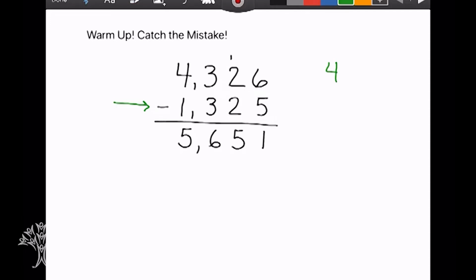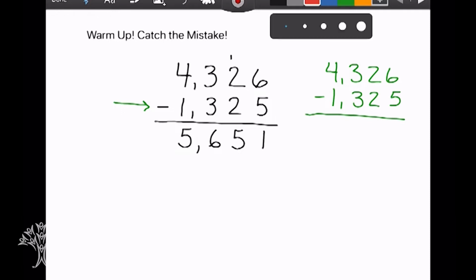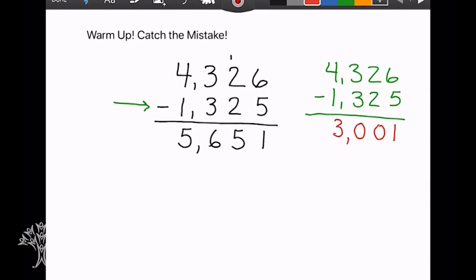So let's go ahead and fix it. So I'm going to rewrite the problem so we can solve this correctly. So we need to subtract. So the correct answer should be 3001 because we needed to subtract and not add.